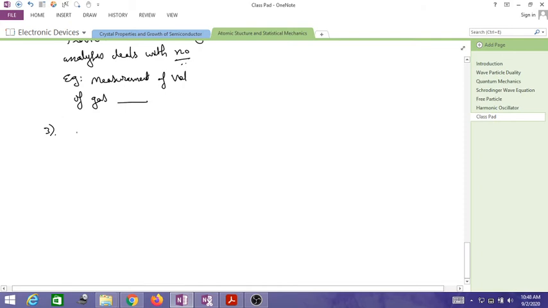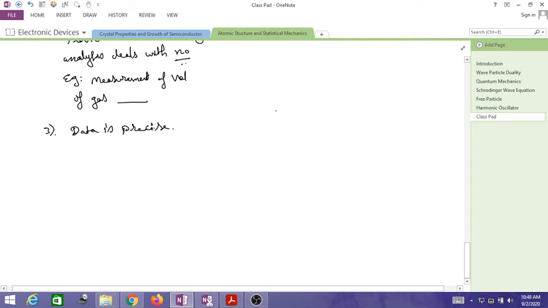And the third difference between classical mechanics and quantum mechanics is that in classical mechanics the data is very precise. Any calculation that is done is very accurate.